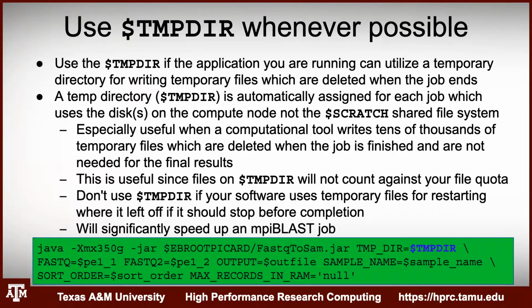So it's important to use a temporary directory when feasible. Some of the programs that you'll run as a bioinformatician or as a researcher generate a lot of temporary data, temporary files. For example, if you're going to do an RNA-seq de novo assembly, you'll probably run Trinity.